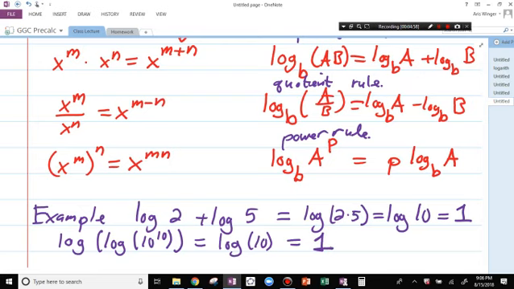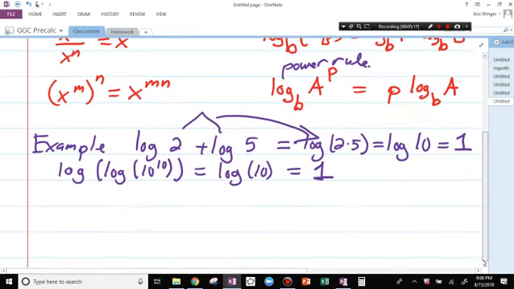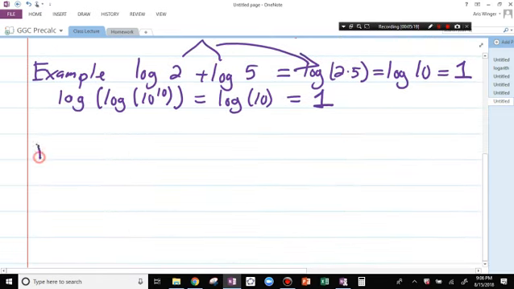So these rules will be useful when you're expanding or condensing. The problem is going to say expand the following logs or condense the following logs. Here we just condensed. We took 2 logs and we made them 1 log. That condenses. So we can expand.